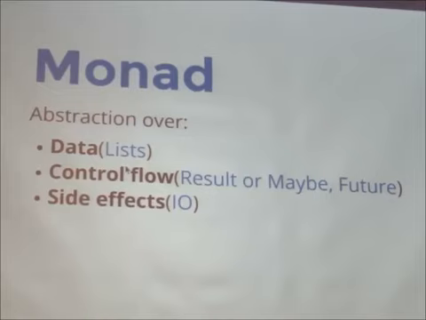the data contained within a list. So you could say that monads are abstractions over not just control flow like we just spoke about with results. They can be abstractions over data, over other control flow stuff like futures, which is sort of like a JavaScript promise, and side effects like I/O, which we'll get into in a minute.